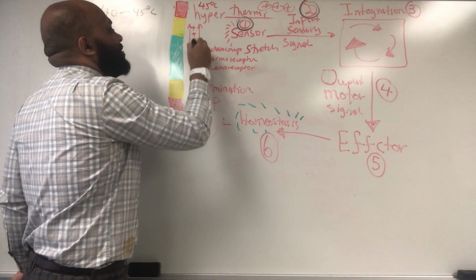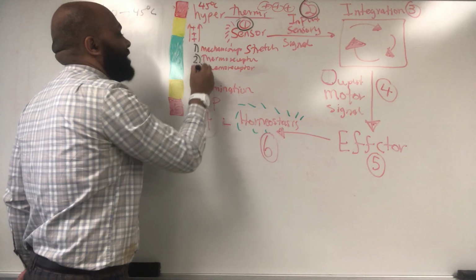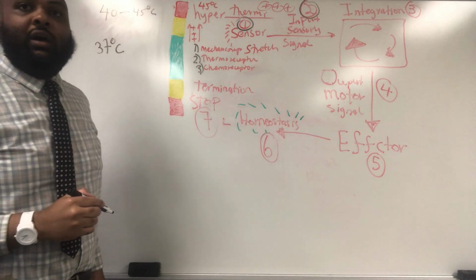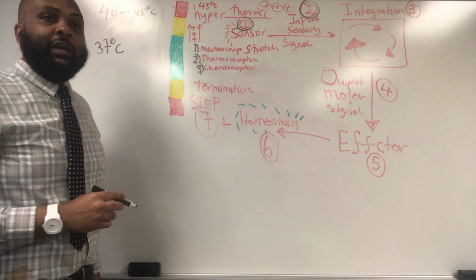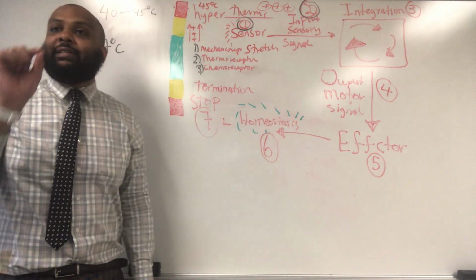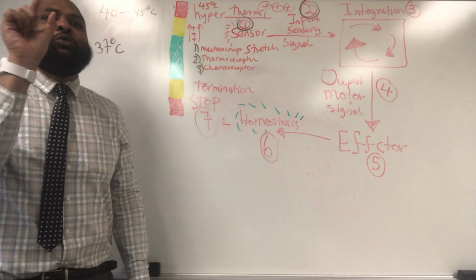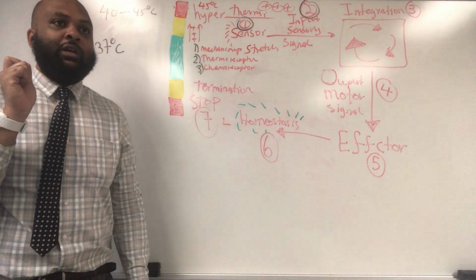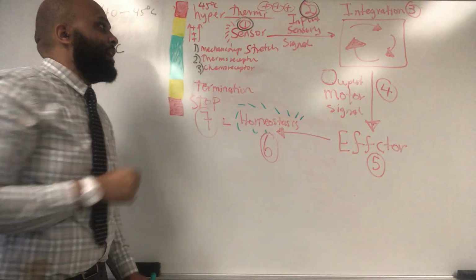Who is the sensor? Is it a mechanoreceptor 1, a thermoreceptor 2, or a chemoreceptor 3? It's a thermoreceptor. Who said 3? Chemoreceptor is when you detect chemicals like calcium, sugar. Sugar is a chemical. So when you detect that chemicals are up or down, we use chemoreceptors.